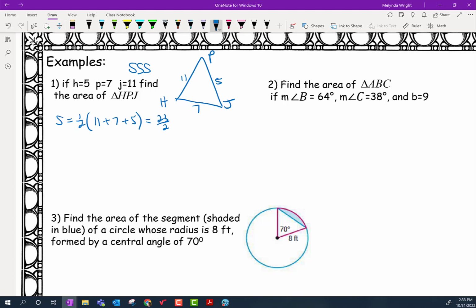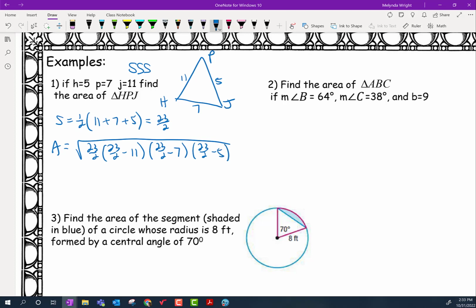So now let's fill out the formula. So the area is going to be the semi-perimeter times the semi-perimeter minus the first side, 11, times the semi-perimeter minus the second side, or side 7, times the semi-perimeter minus the last side.